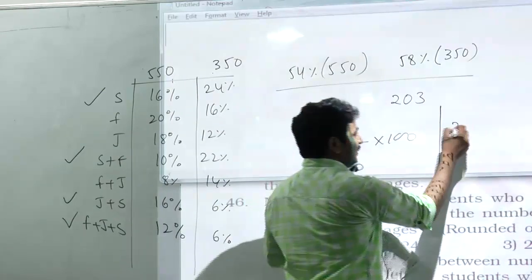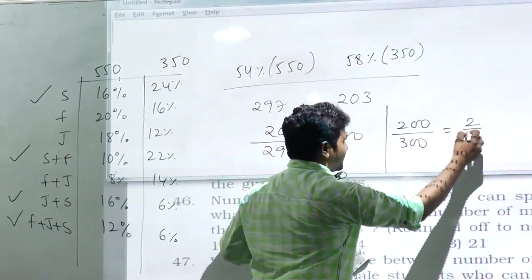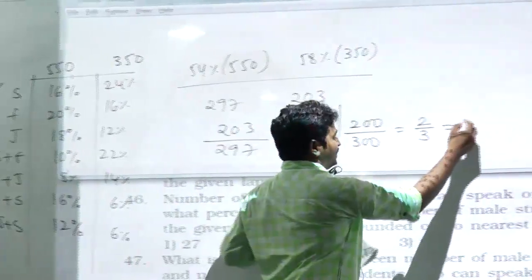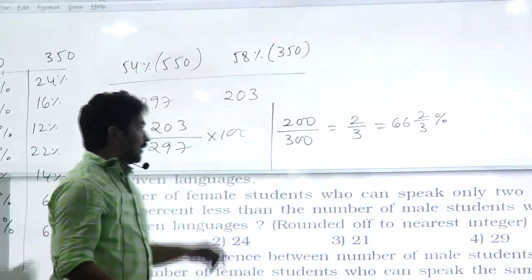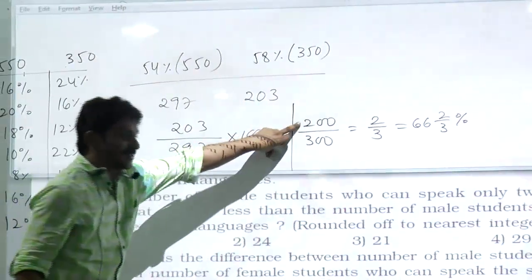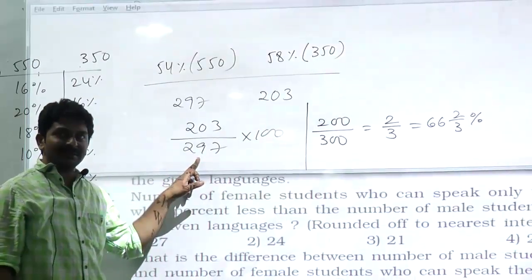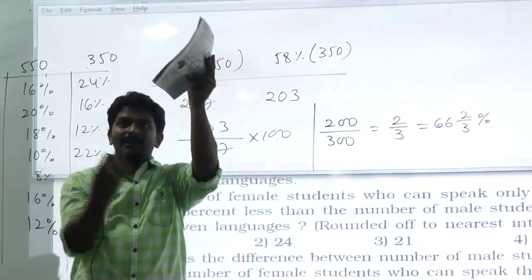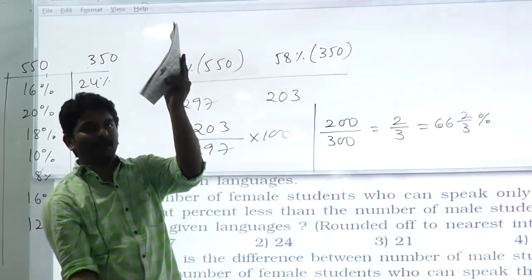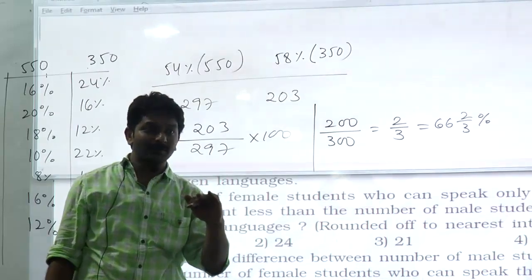See, if it is 200 by 300, answer is 2 by 3, which is 66 2 by 3%. But our numerator is more than this and denominator is less than this. In the room, cake quantity is more, number of people are less. So will the quantity come more or less?